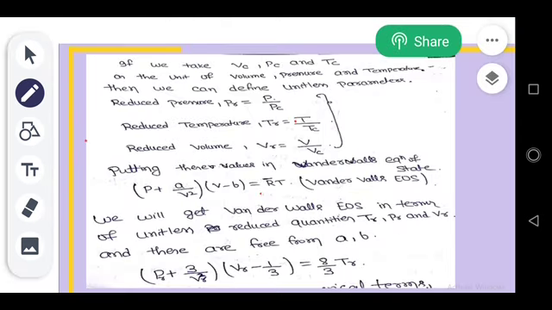Now, if we take VC, PC and TC as the unit of volume, pressure, and temperature.